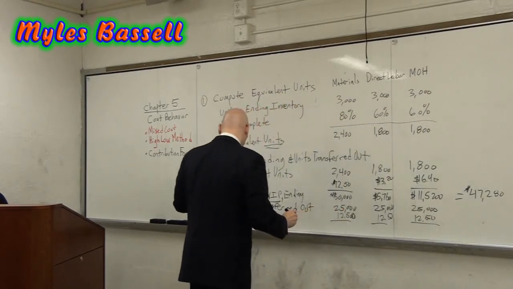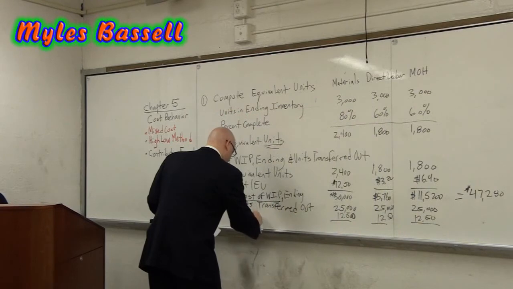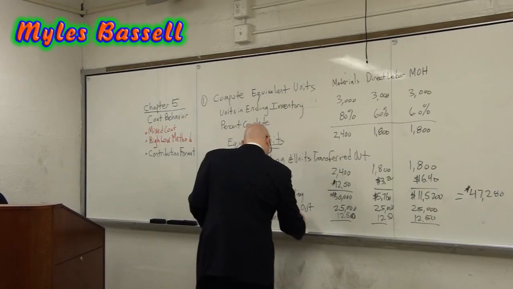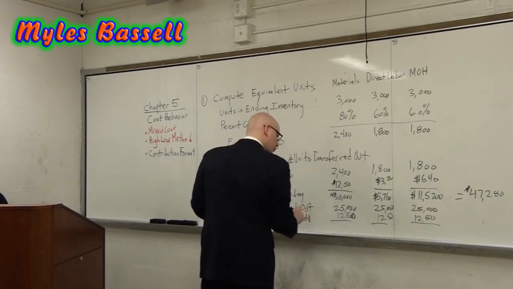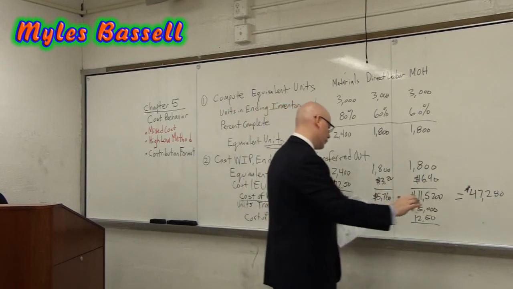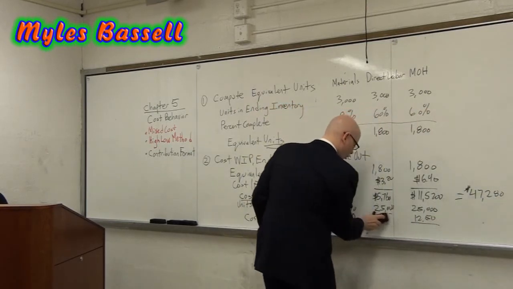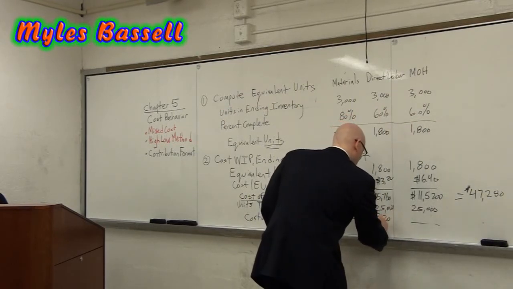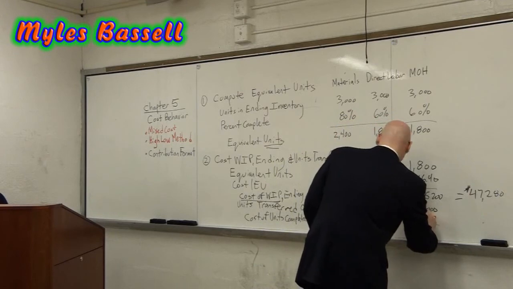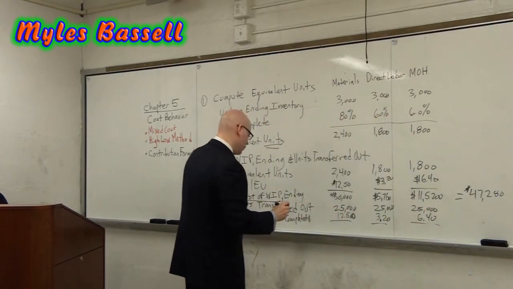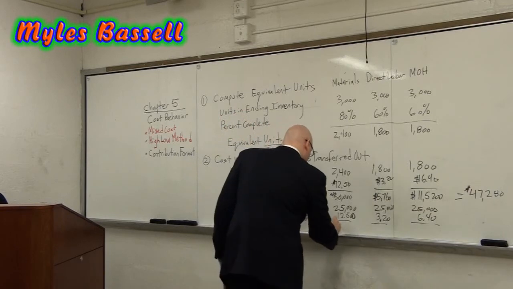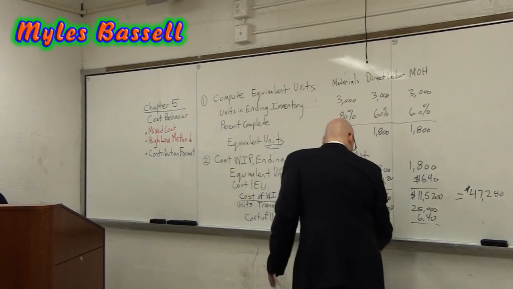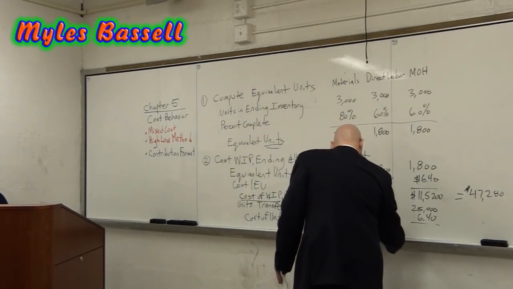What is the cost of the units completed and transferred out? It's 12.50, that's 320 and 640. Good, wow, somebody's paying attention. I did that to see if you were following. All right, so how much is it? 312,500. 80,000 and 160,000.